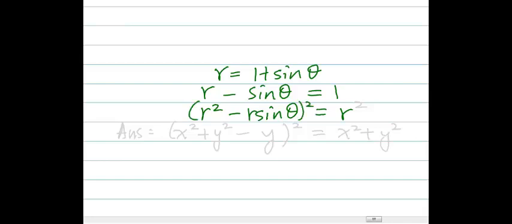We get parentheses r squared minus r sine of theta, close parentheses, and then squared equals r squared. We can substitute r squared by x squared plus y squared and r sine theta by y. Then our answer is (x squared plus y squared minus y) all squared equals x squared plus y squared.